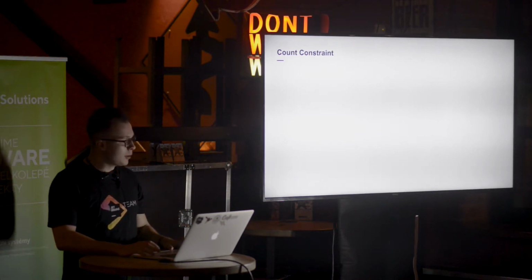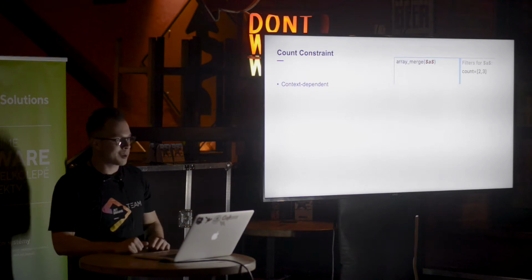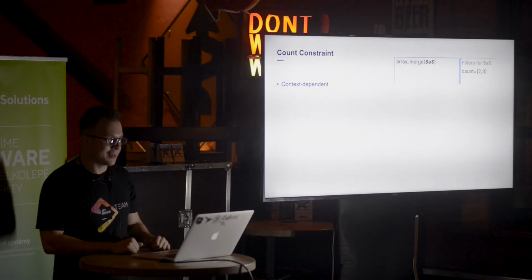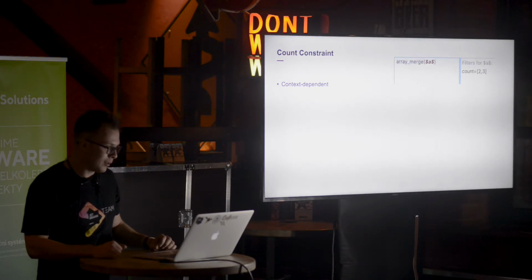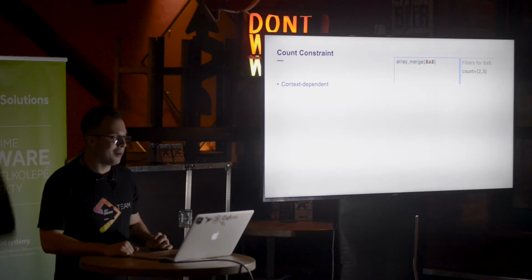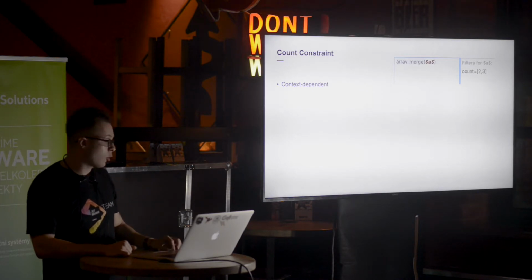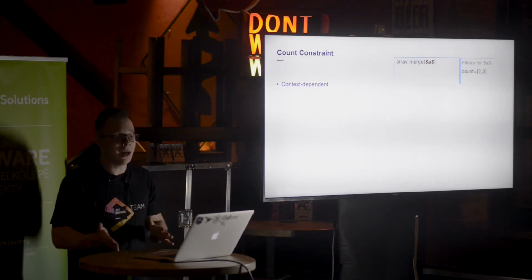To find it, we can use the count constraint. It actually works like you expected. The tweak is that it's context dependent. If you, for example, provide a count constraint for a variable that is expected to match arguments, it will basically find all function calls with 2 to 3 arguments.